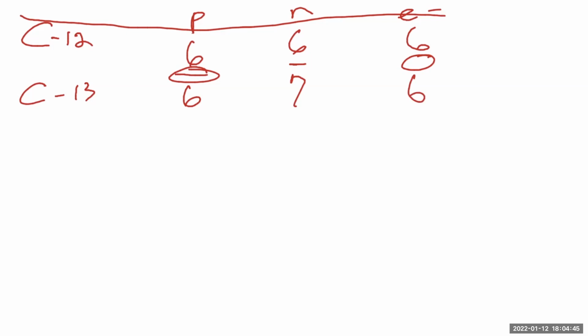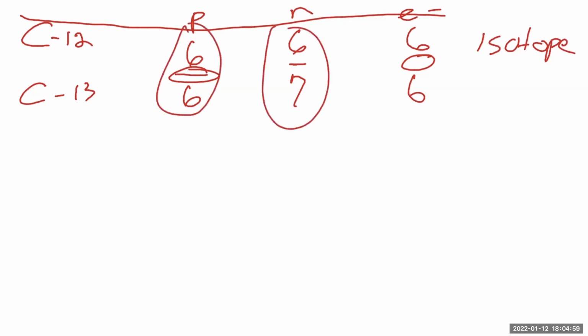This is what's called an isotope. An isotope is the same number of protons, different number of neutrons. So it's the same element, but it has a different mass. So same number of protons, different number of neutrons is an isotope.